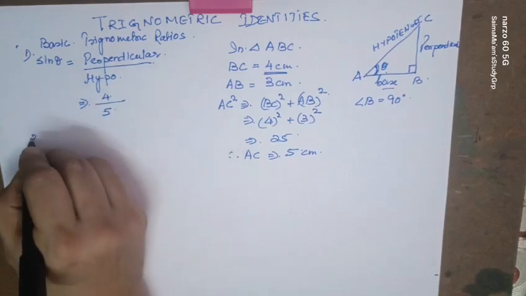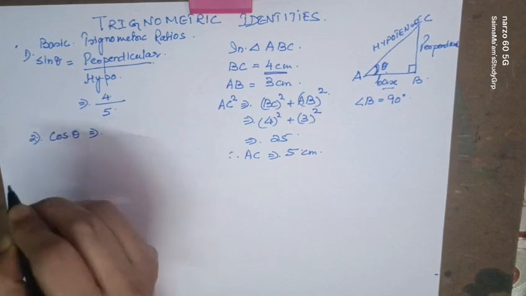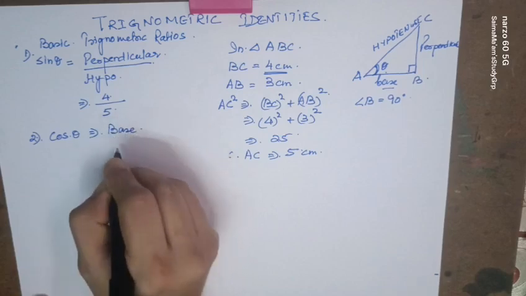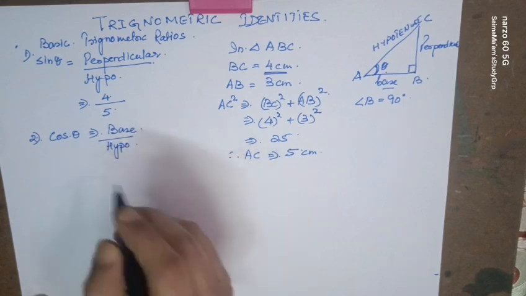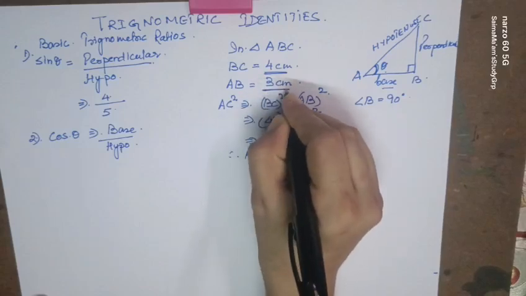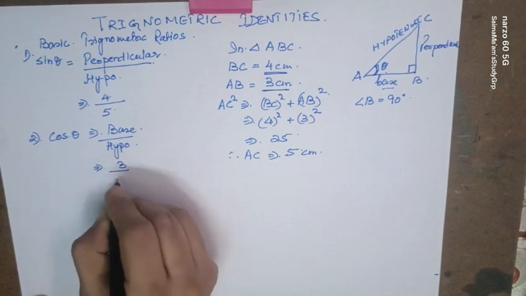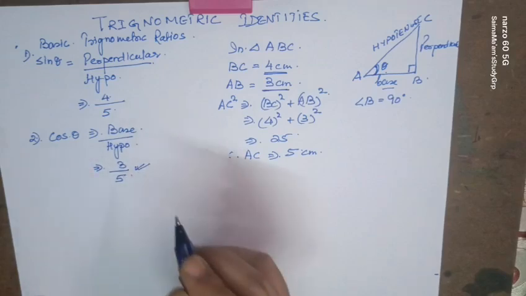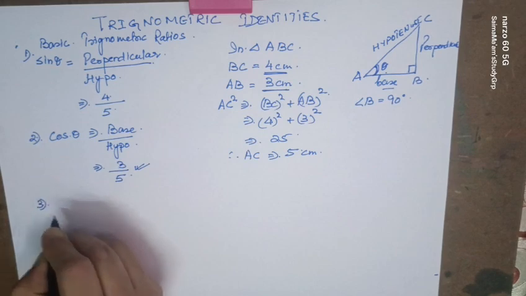Likewise, when you are calculating cos theta, your cos theta should be equal to base divided by hypotenuse. The base I have assumed to be 3 centimeter, so this will be 3 divided by 5. So cos theta is 3 divided by 5. Now, then we have tan theta.